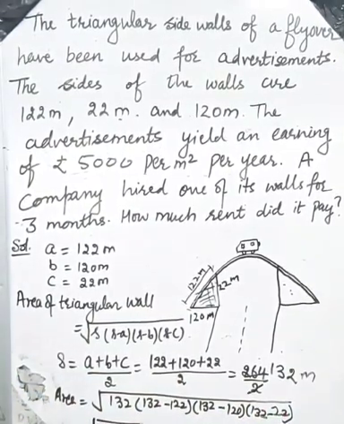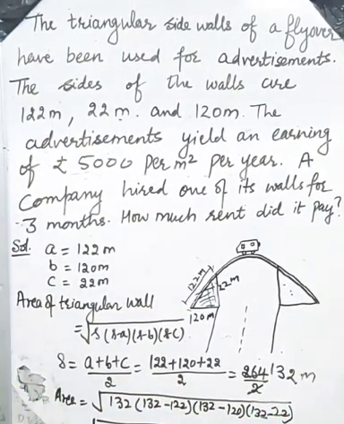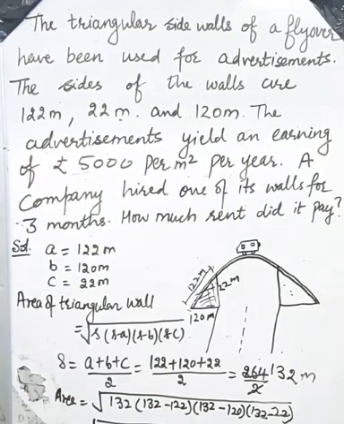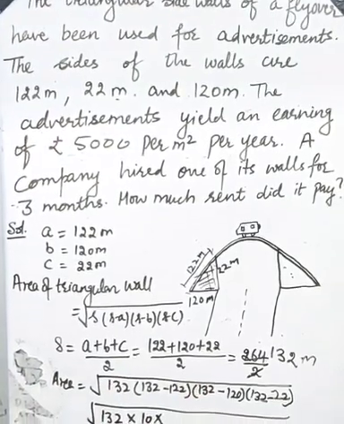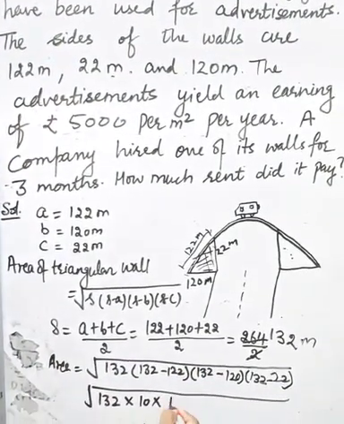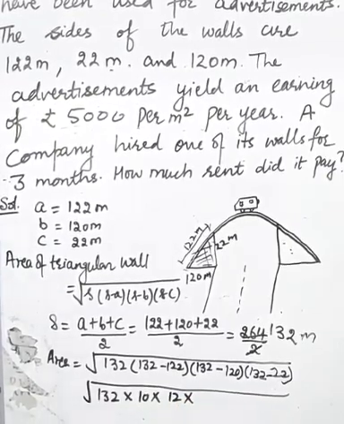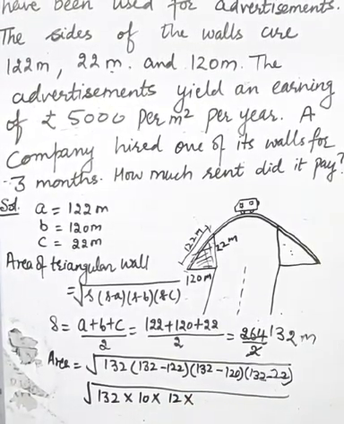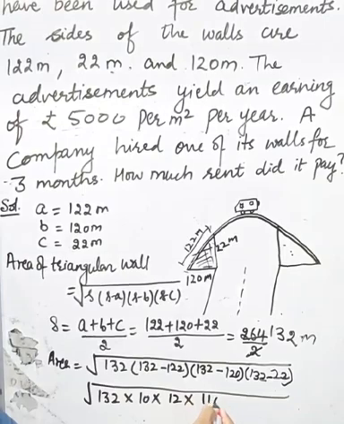Now simplify it. By simplifying we get 132 minus 122 equal to 10, 132 minus 120 equal to 12, and 132 minus 22 equal to 110.